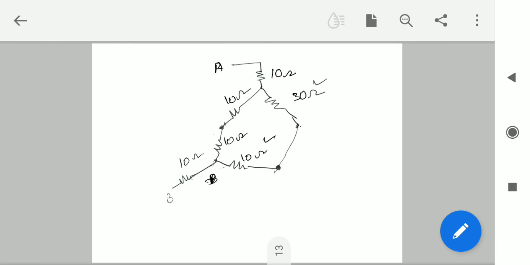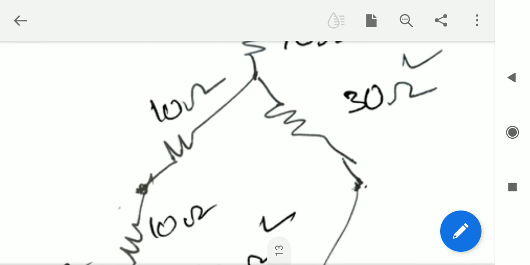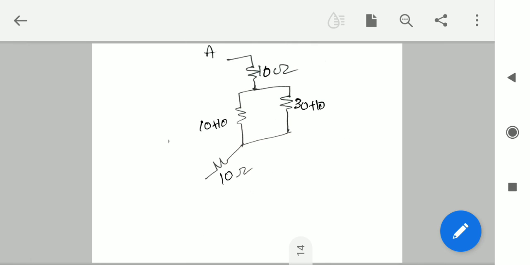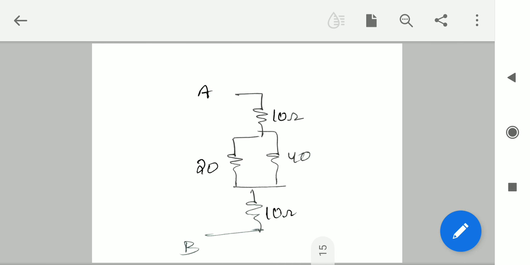Now you may observe that these 30 ohm and 10 ohm are in series, and these two 10 ohms are in series. So we can convert them into single resistances: 30 plus 10, and 10 plus 10. And these two resistances, this 20 ohm and 40 ohm, are in parallel.